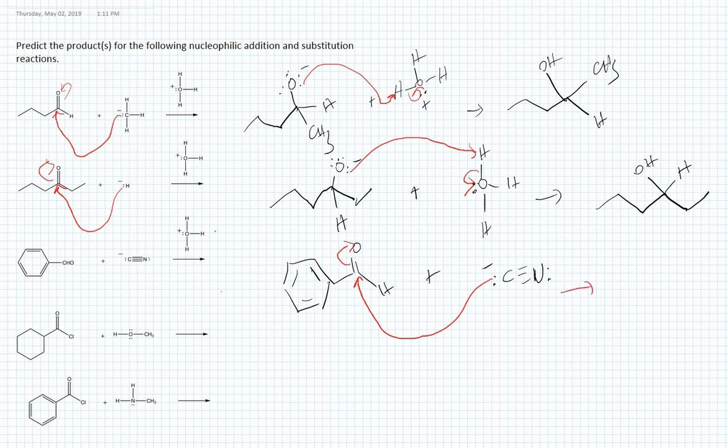And the tetrahedral intermediate will be protonated by the hydronium ion. I'm not going to draw the second step, and we are going to form this molecule as the product. So the aldehyde will be converted to an alcohol. This will be the carbon-nitrogen triple bond. So again, we formed a secondary alcohol here.